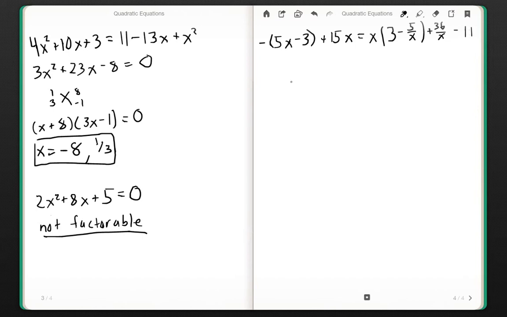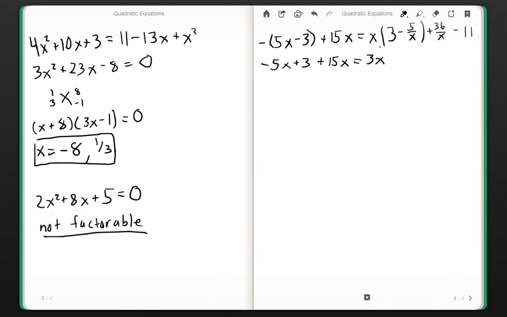Okay, so where should we start with this? Well, let's get rid of all the parentheses first. So we'll distribute this negative here. And then we'll distribute this x here.